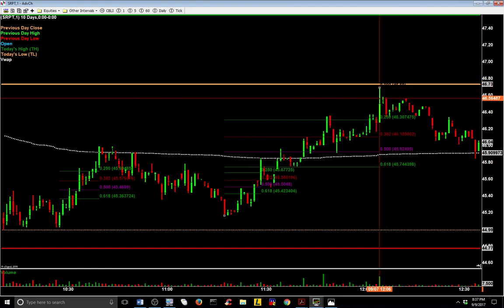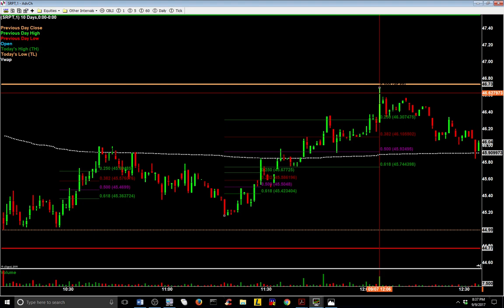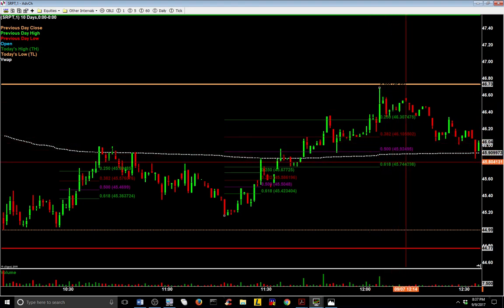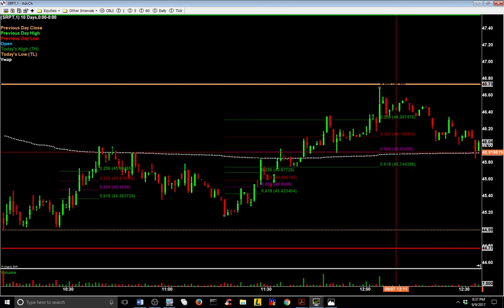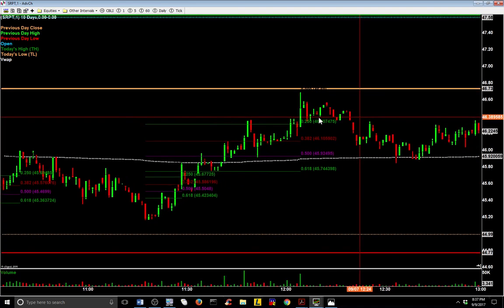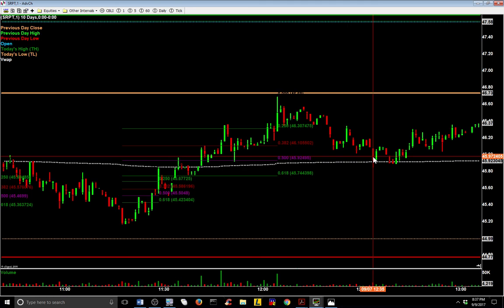So entry would be near 46.60 to 46.65 with a profit target just above the 50% fib retracement of 45.93. Let's call it $46 even, which would have been hit on this candle here at 12:35. Coincidentally, right on top of VWAP.